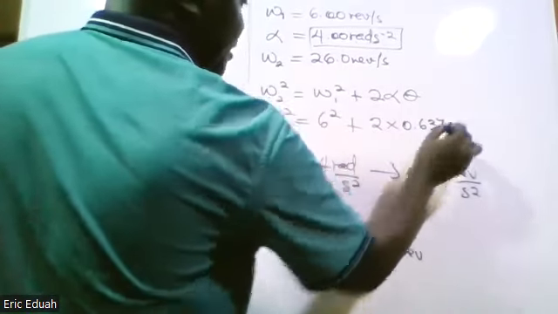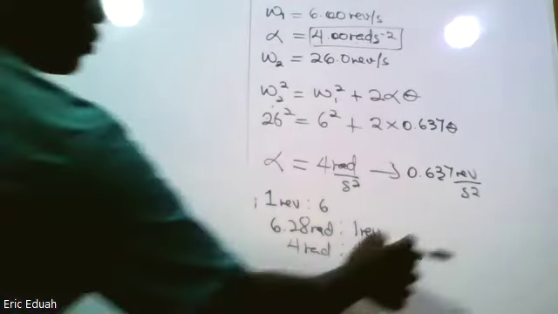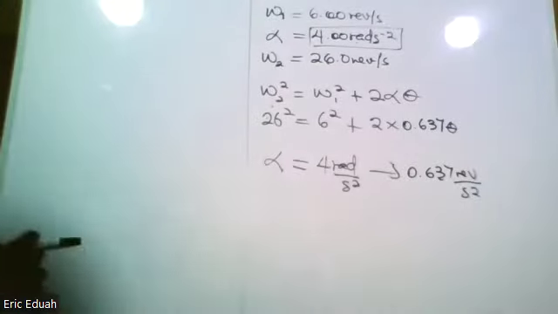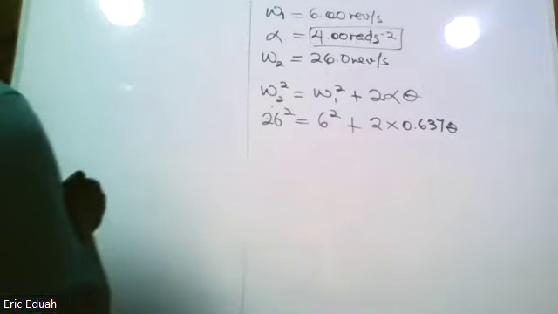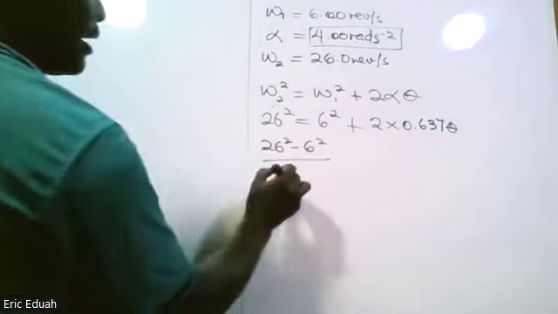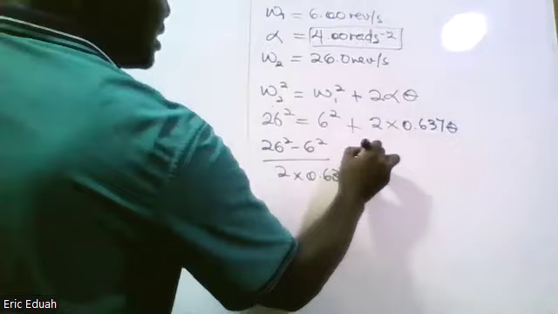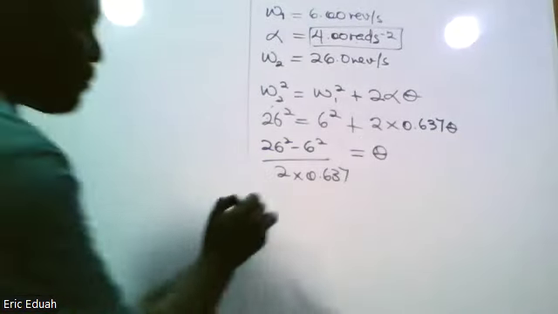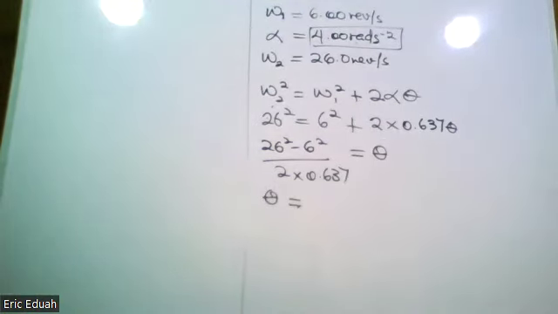0.637 theta. Then we make theta the subject. So 26 squared minus 6 squared over 2 times 0.637 is equal to theta. Calculate for theta. What did we get for theta? 504.